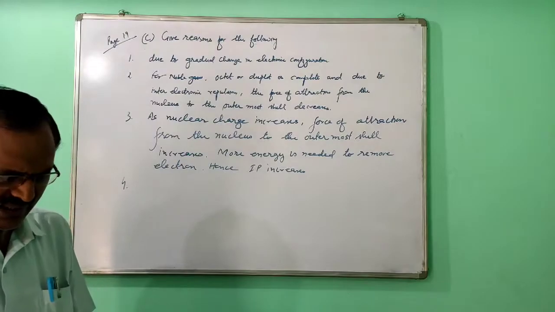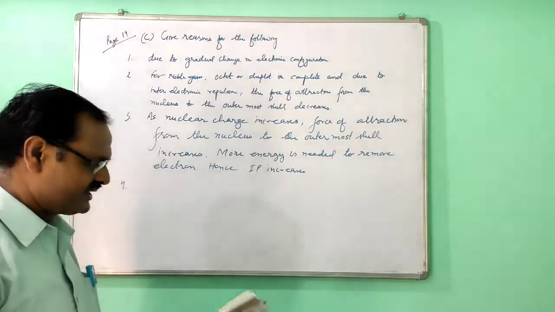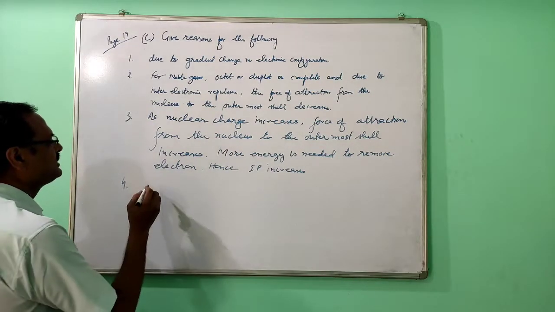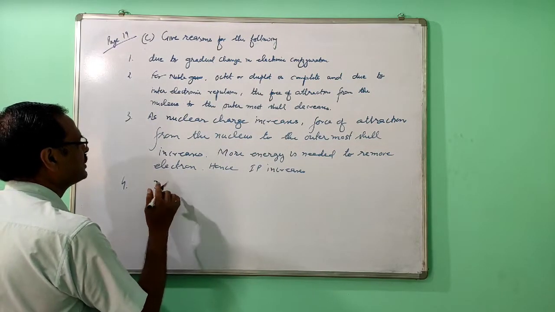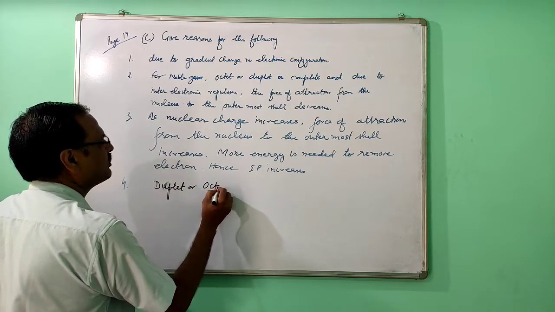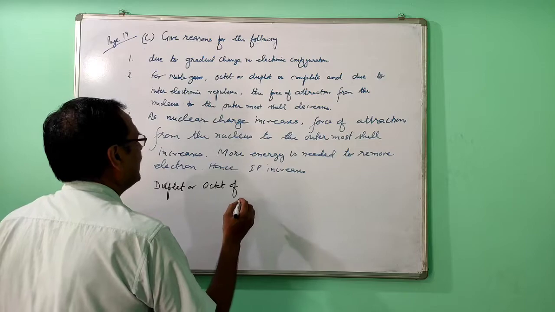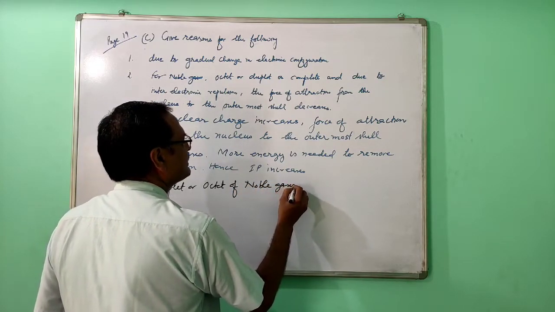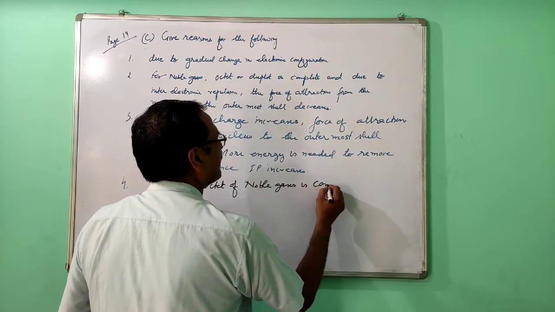Now the fourth one: the electron affinity of the noble gases is zero. This is because the duplet or octet of noble gases is complete.